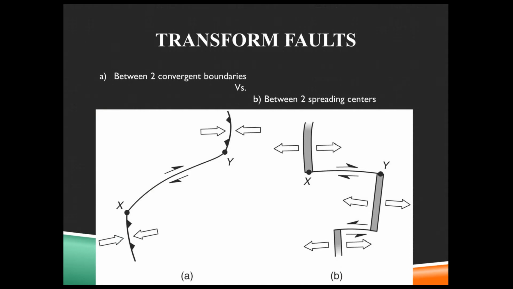We can have faults at both a convergent boundary and a divergent boundary. So here we have a convergent, so there's subduction. On the right we have a divergent. There's mid-ocean ridges, rifting going on.